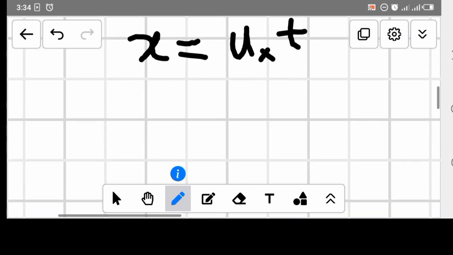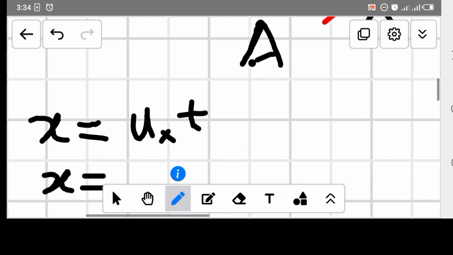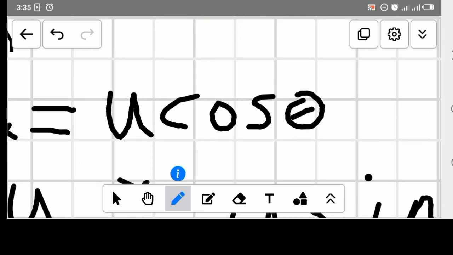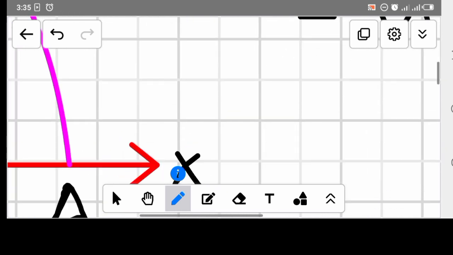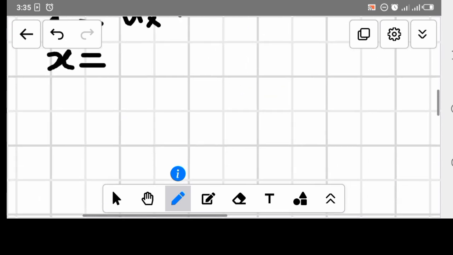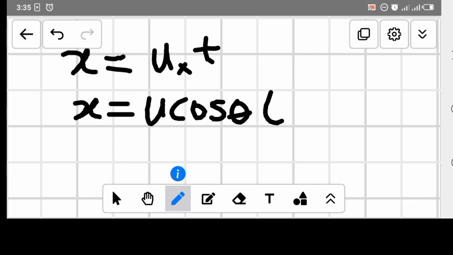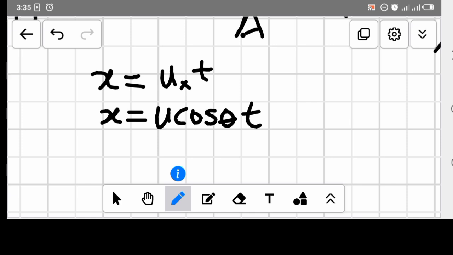So the horizontal displacement x is equal to ux, and I just finished writing that ux is u cos theta, the total velocity times cos of the angle of projection. So x equals u cos theta times t. That represents the horizontal distance traveled by the projectile with respect to time.